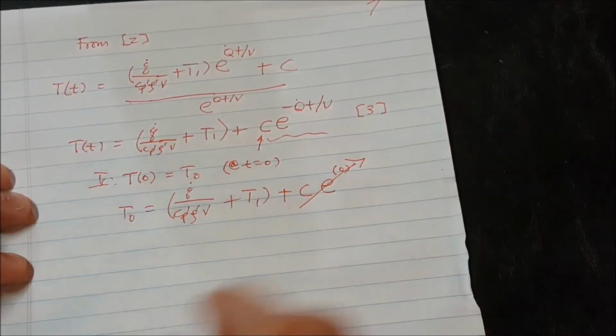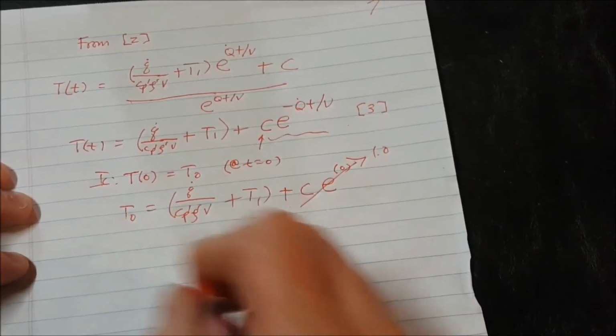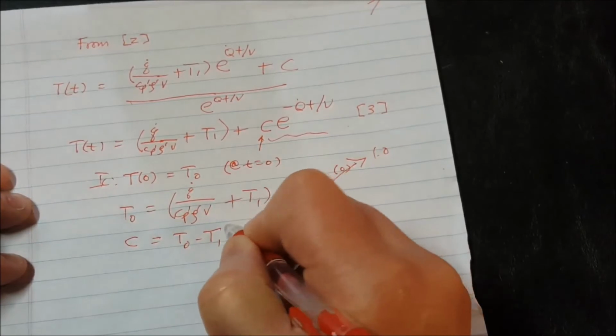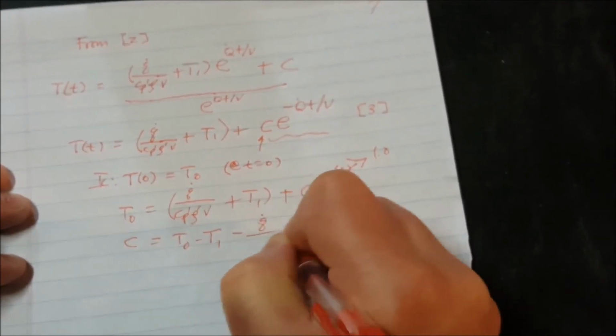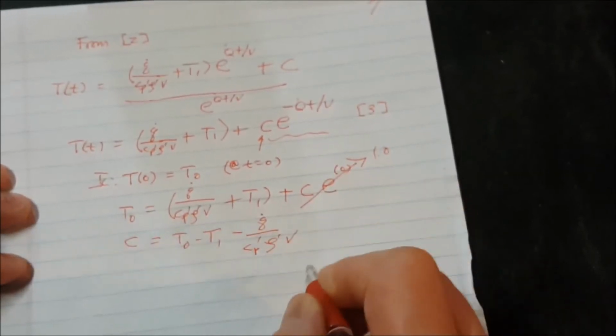So this term goes to 1.0, and that leaves C equals T0 minus T1 minus Q dot over CP prime rho prime V.